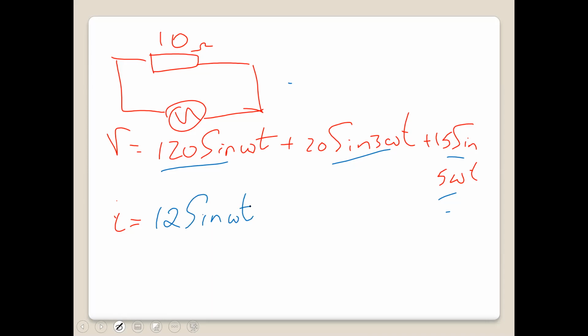All right, for the third harmonic, 20 divided by 10 gives you 2 sine 3 omega t. And then 1.5 sine 5 omega t.